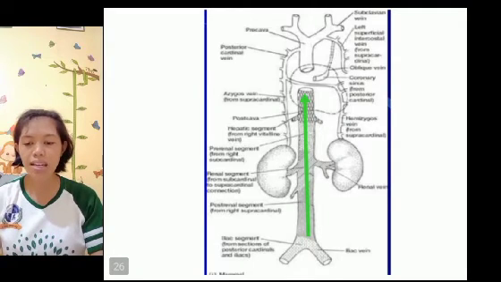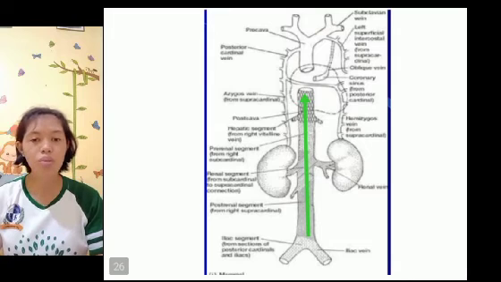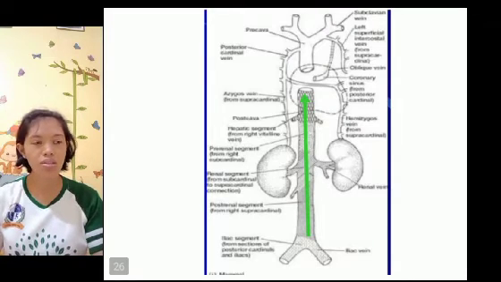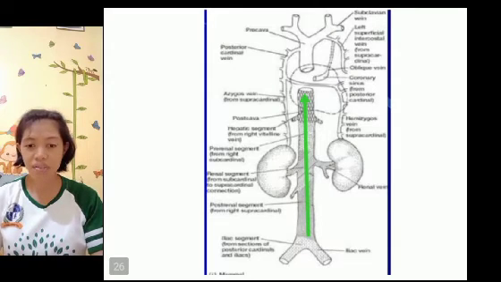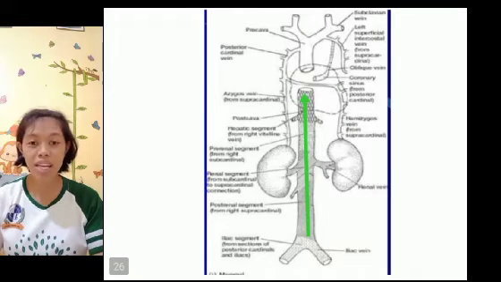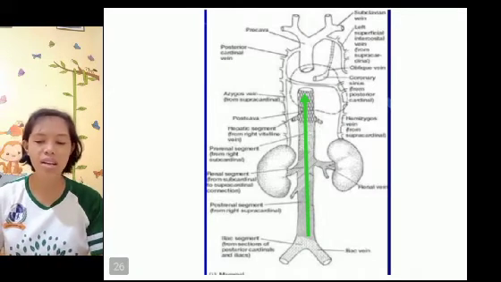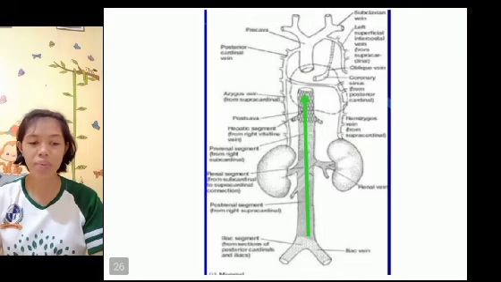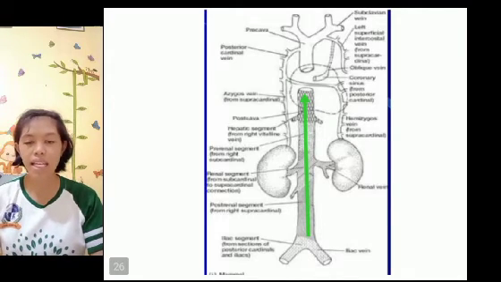Once we get to the amniotes, it is now the precava. It is no longer a common cardinal vein, but it becomes our precava. Now, two common cardinal veins in shark, once we get to the mammals, only one precava. The other one is lost, so only one is remaining for our mammals. In cats and humans, the right precava persists and the left is lost.